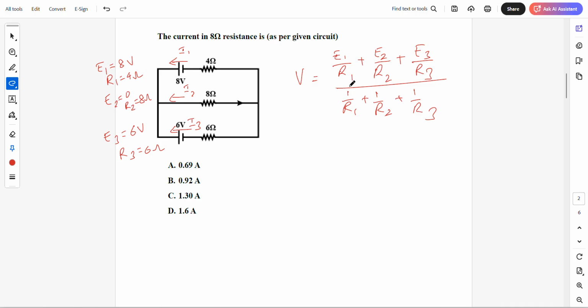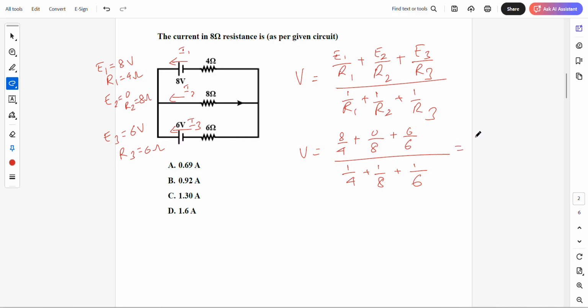First let us calculate the common potential difference between these 2 points. V is equal to 8 by 4 plus 0 by 8 plus 6 by 6, divided by 1 by 4 plus 1 by 8 plus 1 by 6.